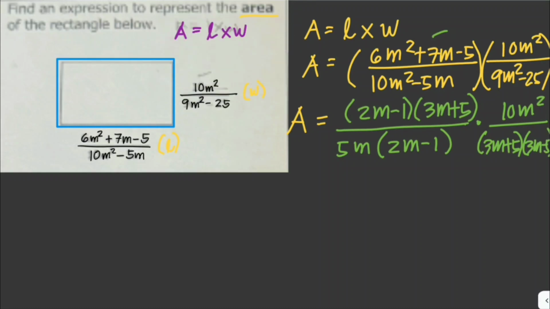All right, then let's simplify. 2m minus 1 cancels out. 3m plus 5 cancels out. Then we're left with 10m squared over 5m times 3m minus 5.